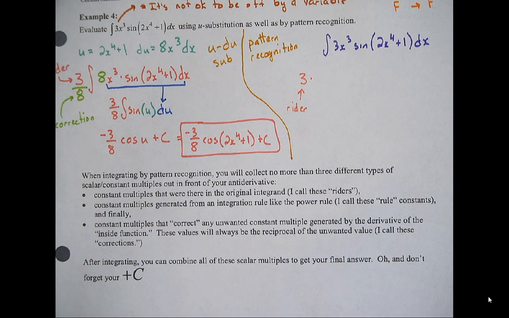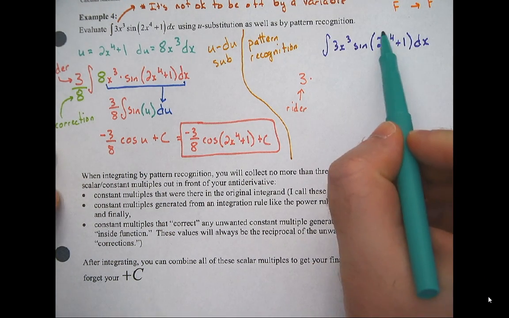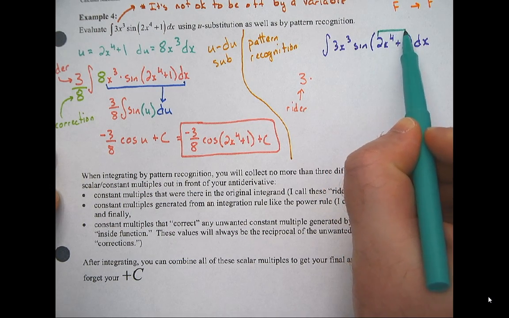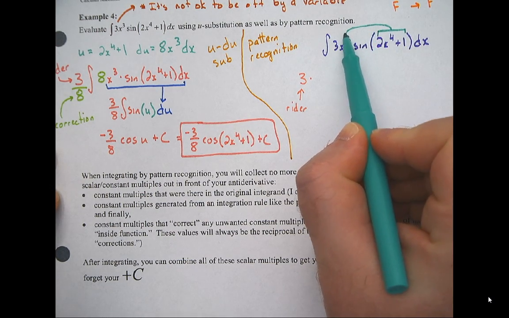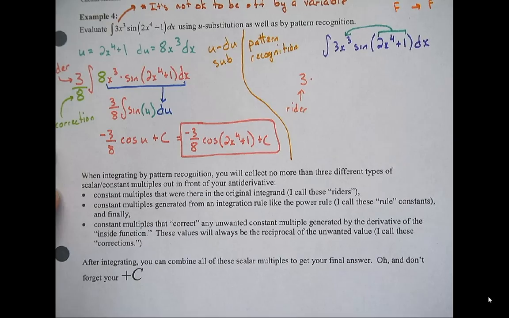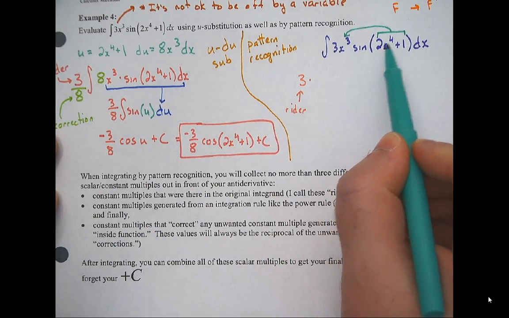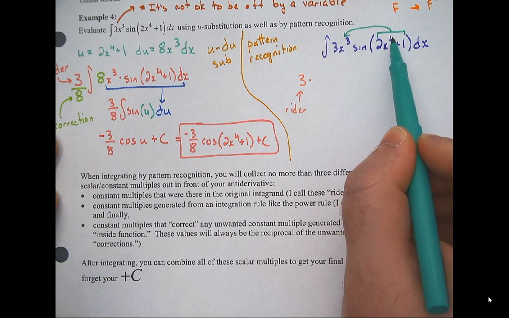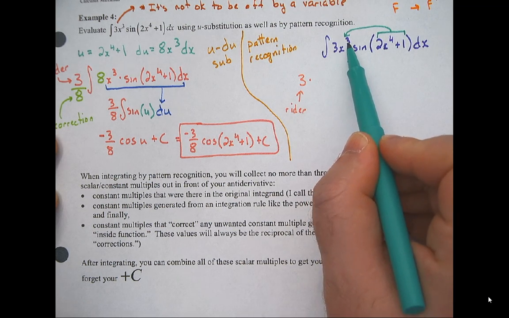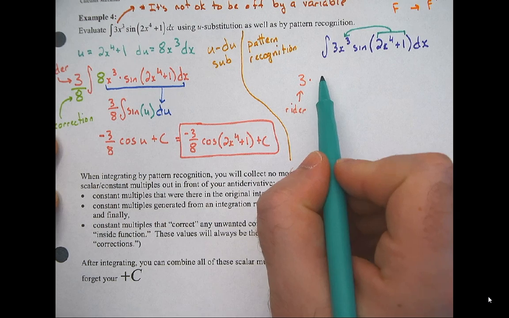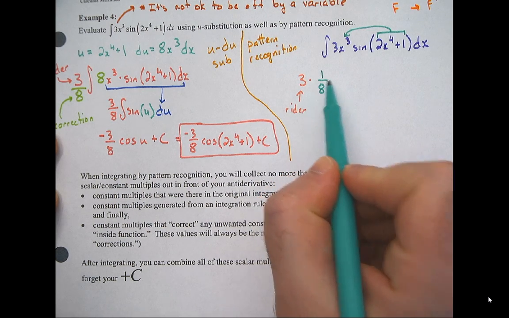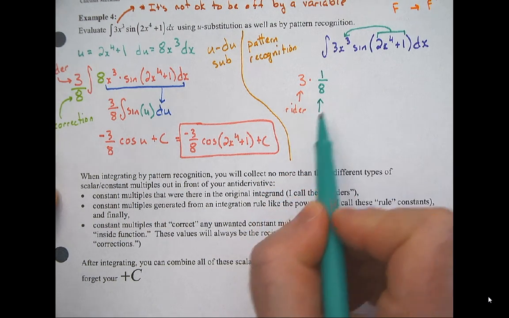Then he needs to see if there are any corrections that need to be made along the way. We decide on a correction based on the inside function compared to its derivative and what's still outside. The derivative of this is 8x to the 3rd. We have the x to the 3rd, so we need the 8. So we need a correction factor of 1/8.